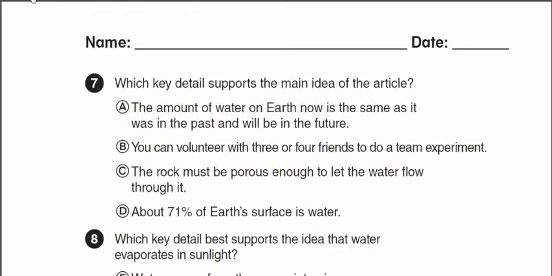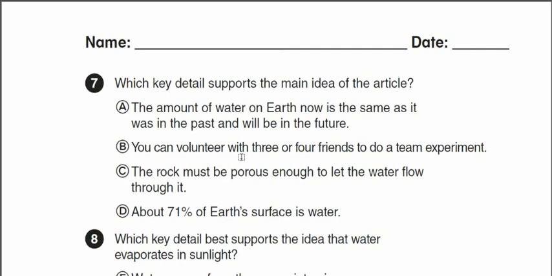After that, page 161, question number 7. Which key detail supports the main idea of the article? Which choice here supports the main idea of the article? Letter A, the amount of water on Earth now is the same as it was in the past and will be in the future. B, you can volunteer with 3 or 4 friends to do a team experiment.